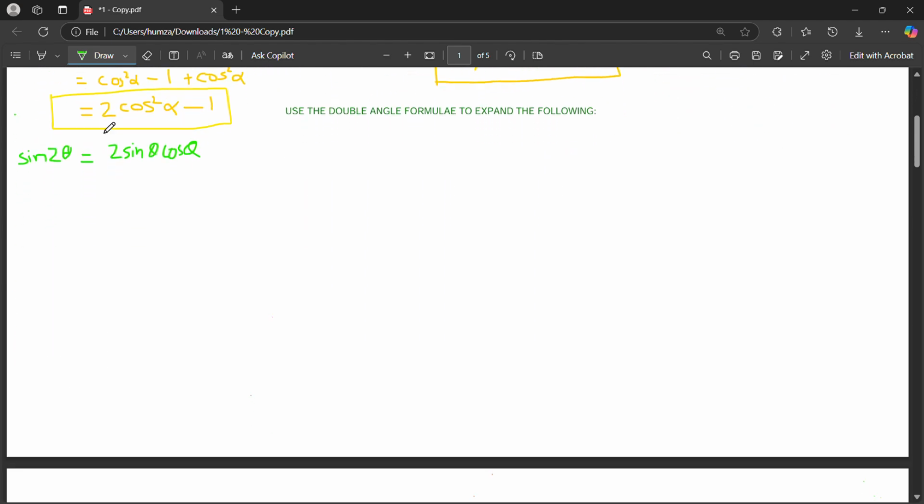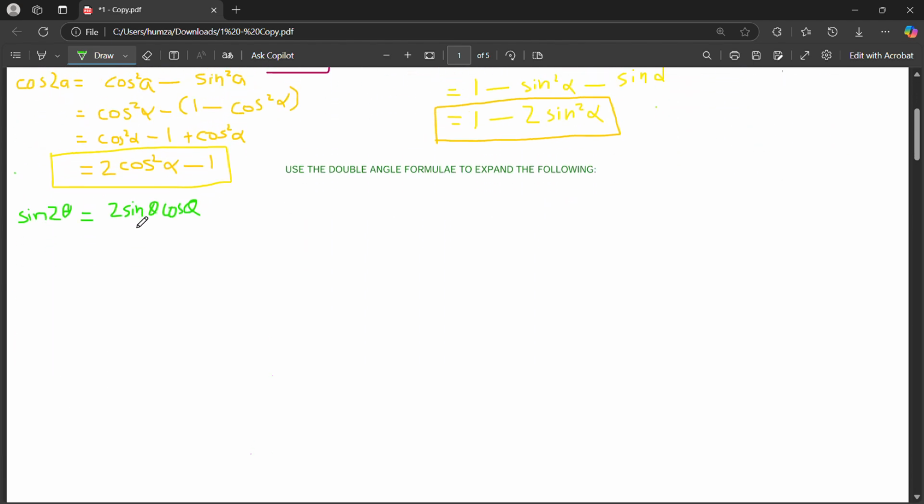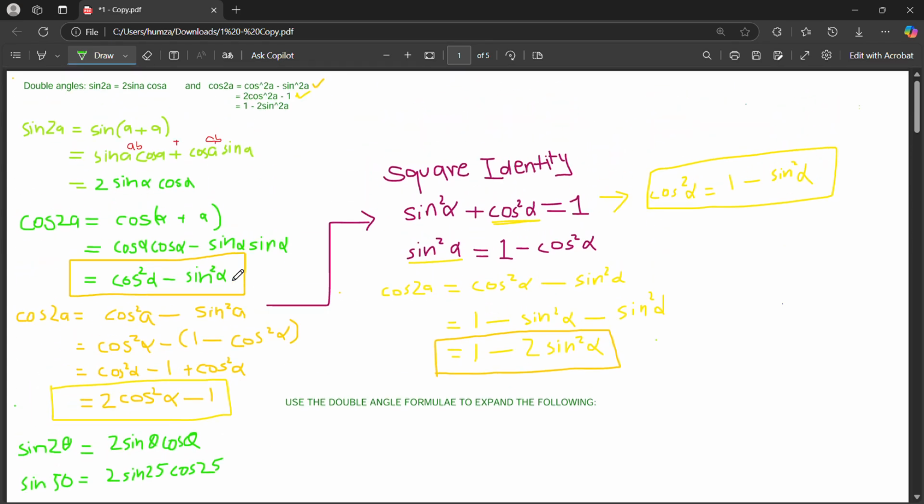So sin 2 theta is equal to 2 sin theta cos theta. If I say instead of 2 theta, I say 50, then this will be 2 sin 25 and cos 25.